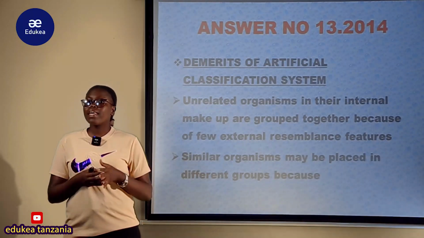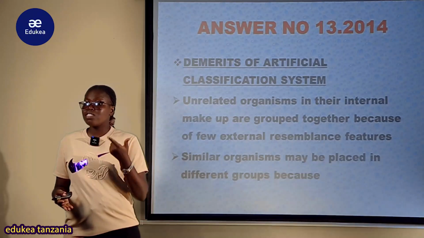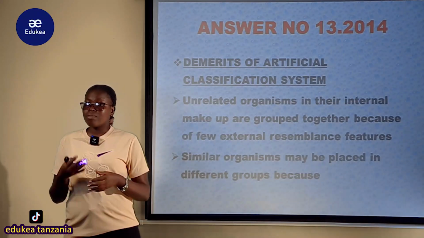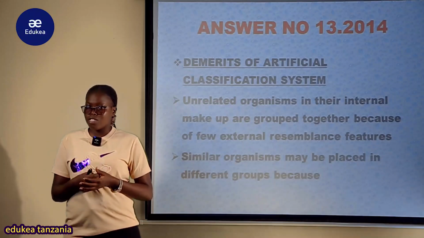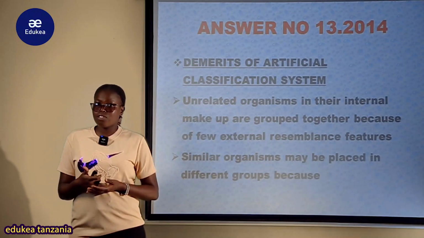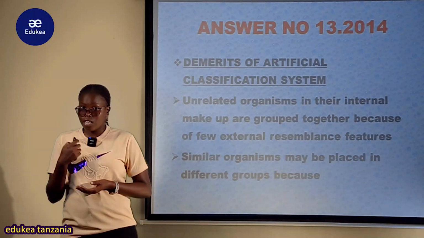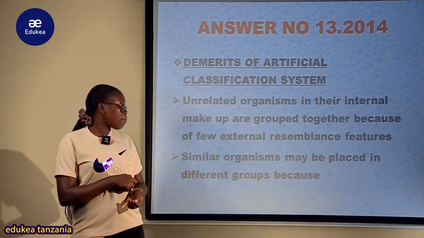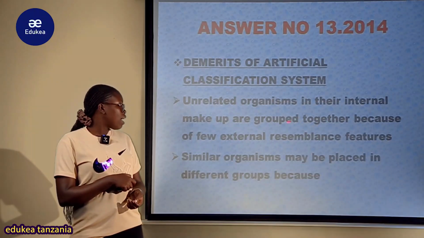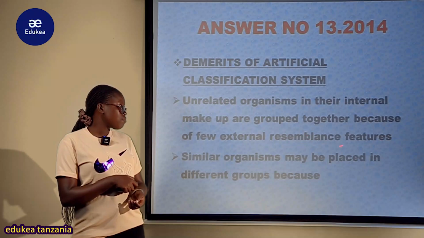Unaangalia kwamba hawafanani kabisa, lakini kwa sababu ya this artificial, unrelated organisms end up being classified or grouped into the same group. This is one of the demerits or disadvantages of the artificial classification system. Kwa haina ukweli na haina scientific proof. So unrelated organisms in the internal makeup are grouped together because of a few external resemblance features.